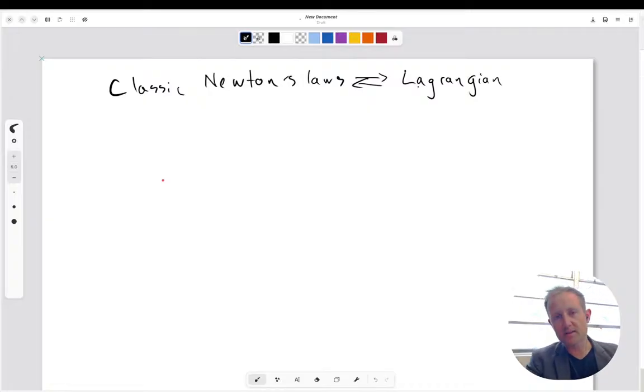Meanwhile, with Lagrangian, if I know my degrees of freedom, I do an initial check of what's moving and how it is moving, then we can jump straight into how to define kinetic and potential energy.